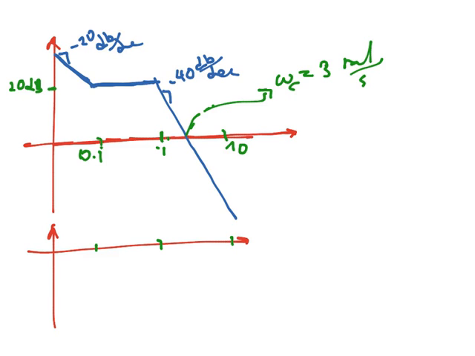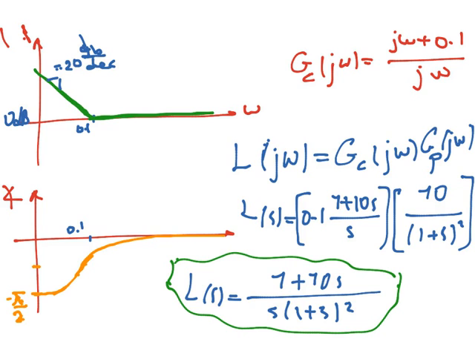Regarding the phase, going back to what we have as the phase plot for the controller, you can see that for frequencies higher than 1 radian per second, the contribution of the controller to the overall phase is quite negligible. And for the low frequencies, we have significant contribution of the controller, starting from minus π/2 till 0.